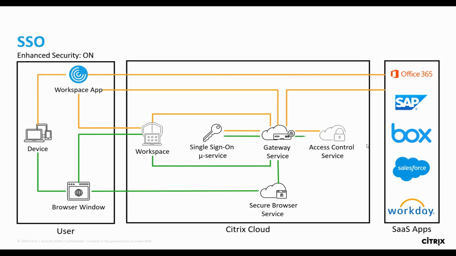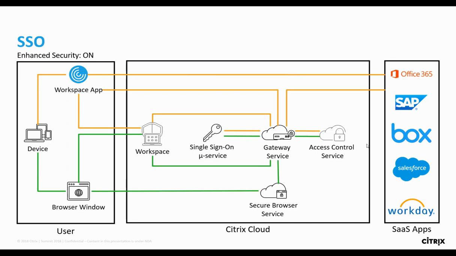The secure browser service uses that one-time use URL to get to the gateway. Gateway gets our assertion from the single sign-on microservice. The gateway also gets the access control policies that are going to help lock down and configure the browser service: watermarking, drive mappings, navigation buttons.